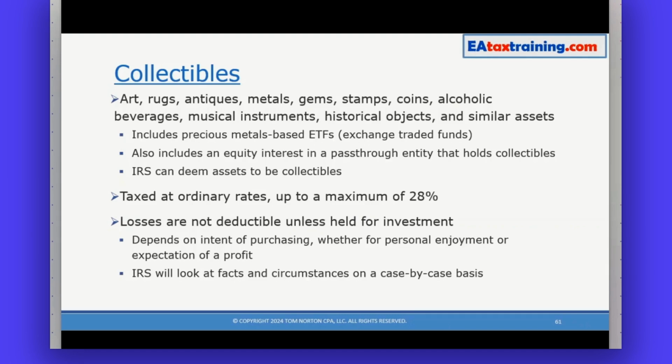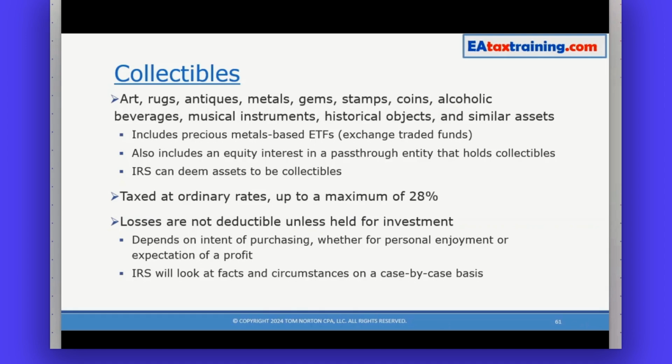Losses on the sales of collectibles are not deductible unless they were specifically held for investment. So this depends on your intent of purchasing that. Did you purchase it just for personal enjoyment or for the expectation of a profit? If you think about baseball cards, did you just collect them because you like baseball and you like baseball cards?